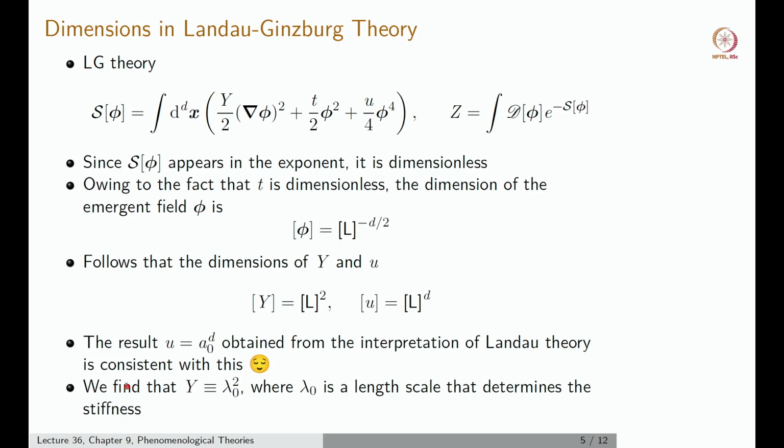So what we have done is something quite remarkable. By very simple dimensional analysis, we are able to find that the theory has this length scale lambda naught associated with the stiffness, and a scale a naught, where a naught to the D will be the volume occupied by a degree of freedom or something like this. Okay, so this is what we have.